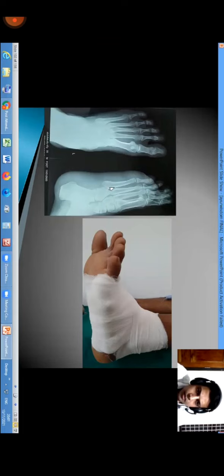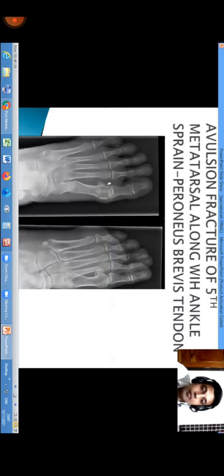Here you can see the fracture line. And this is an avulsion fracture of the fifth metatarsal bone. We already explained this when considering the lateral ankle sprain.